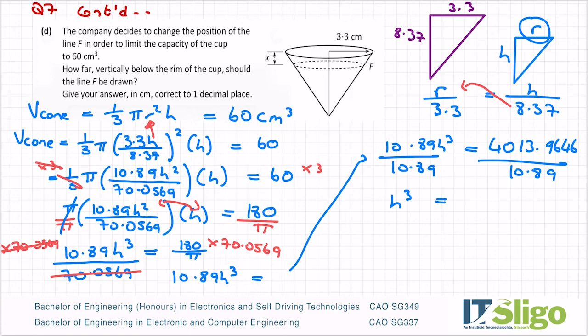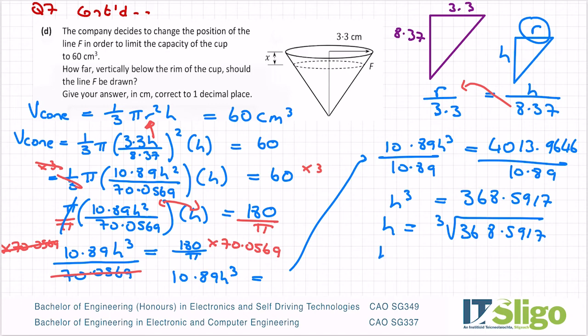Okay, divide both sides by 10.89. So h cubed is equal to, I'm leaving that number in my calculator and dividing by 10.89. So I'm getting h cubed being equal to 368.5917. So h then would be equal to the cube root of that. So again, leave the answer in my calculator. I'm doing shift and square root so that I can get the cube root.